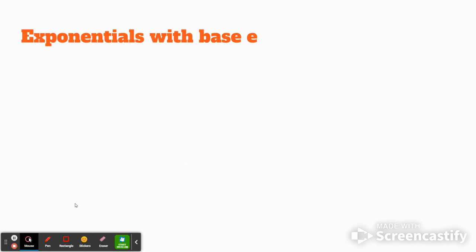Now going to other exponentials. There are other exponential functions, and not all of them have a base e. It's important to know how to differentiate these also. Again, I'll just give you the formula right off the bat, and then I will show you exactly how I got it. We find the derivative of a function of the form u to the v, where u and v are both functions of x.